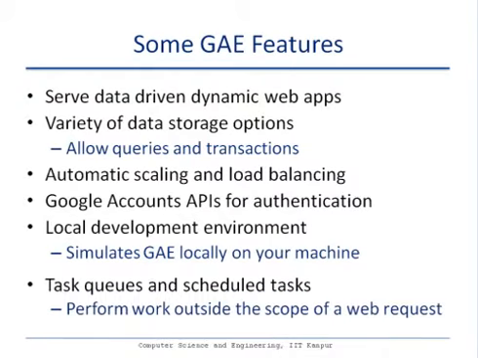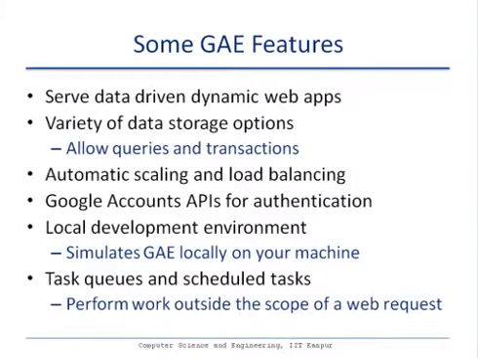Another feature that it provides is task queues, where you can trigger some piece of logic to be executed outside of the scope of a web request, because primarily Google App Engine offers you a web application development environment, but in certain scenarios you might need to process some work which should be done outside of the scope of a regular HTTP based web request.